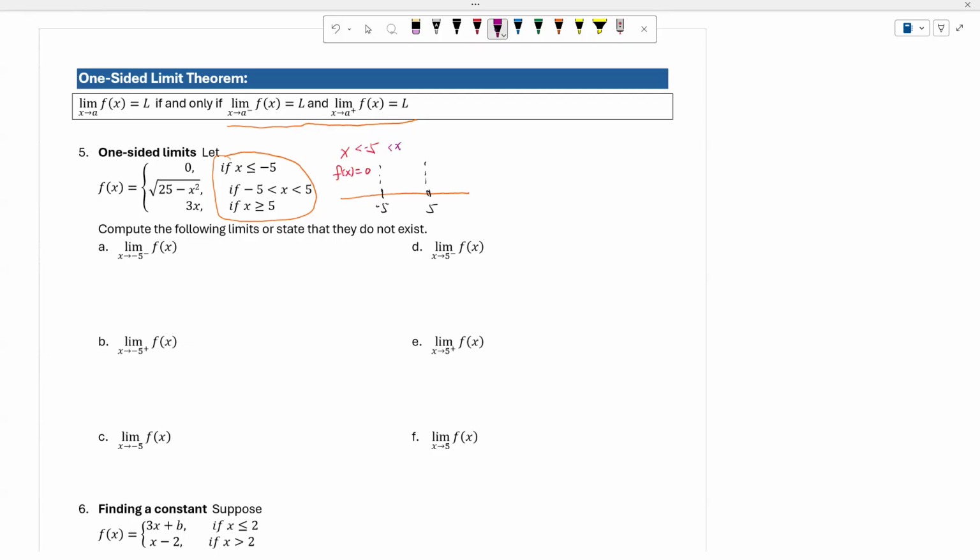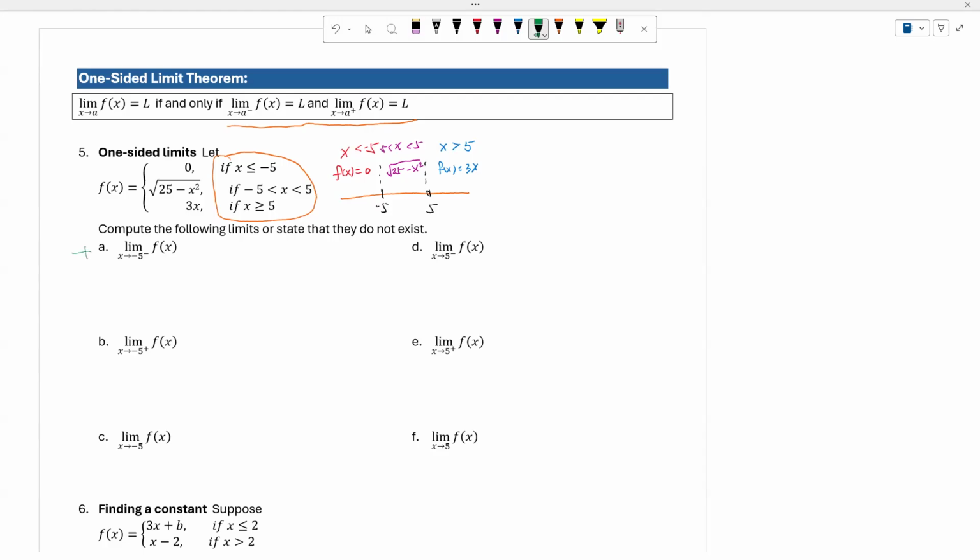When x is between -5 and 5, the function that you have is the square root of 25 minus x squared. When x is greater than or equal to 5, of course the function that you have is 3x. This is the idea.